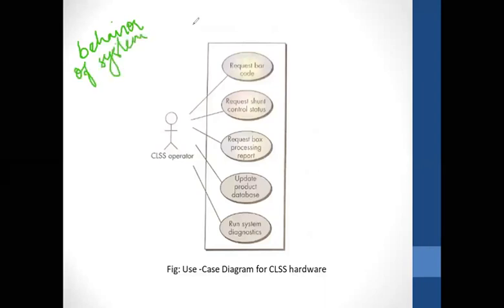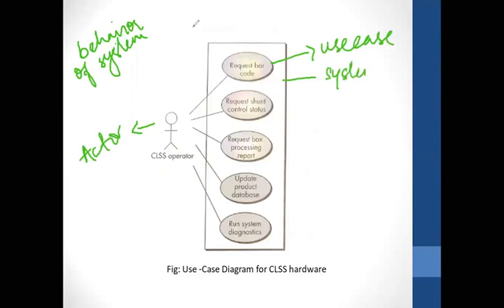Now this person in here, the stick man, is called your actor. These round boxes in here are called use cases. This rectangle in here is called your system boundary. And the lines that are connecting the use case and the actor are called your relationships.